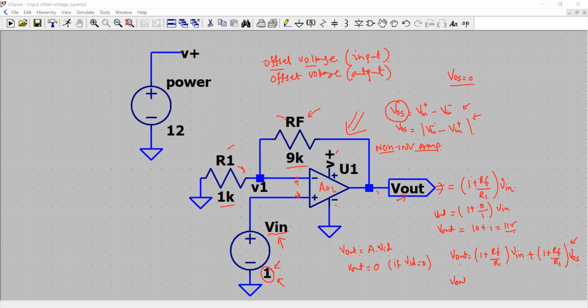Therefore, we would say V out would be 1 plus RF over R1 in brackets, V in plus VOS. So you see that your offset voltage, which is the differential voltage between the two terminals, is also getting multiplied by the gain. So without an offset voltage, the gain is 10 and the output voltage will be 11 volt, right?